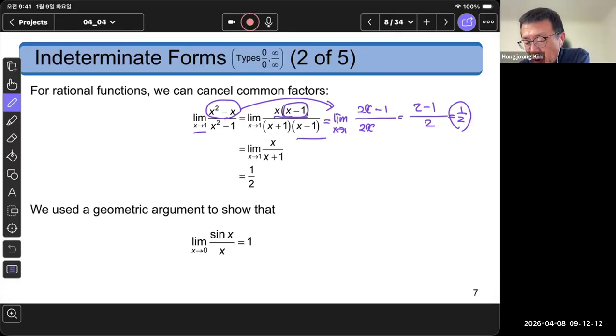So that is the approach obtained using L'Hopital's rule. If you do not want to apply L'Hopital's rule, since the numerator and denominator, when factored, both have x - 1 in common, I can cancel this x - 1. Then what remains will be x in the numerator and x + 1 in the denominator.